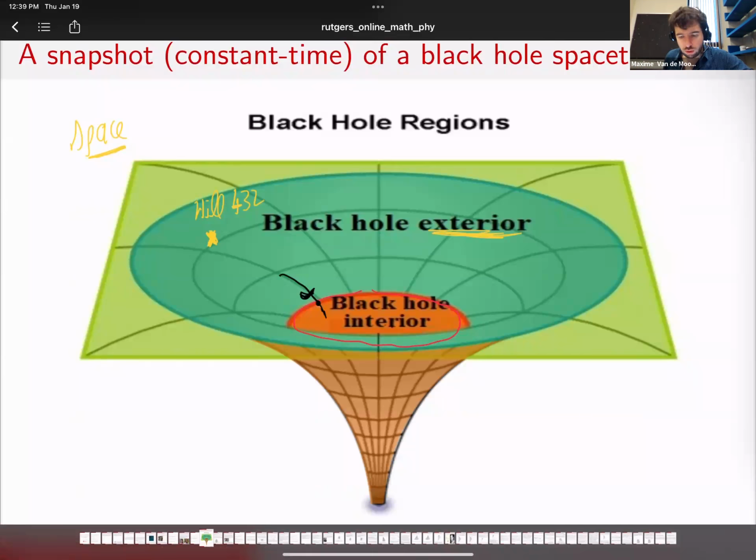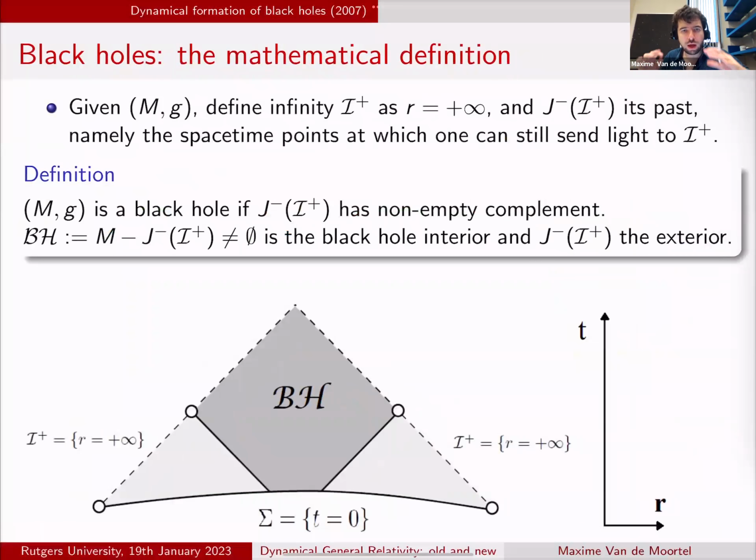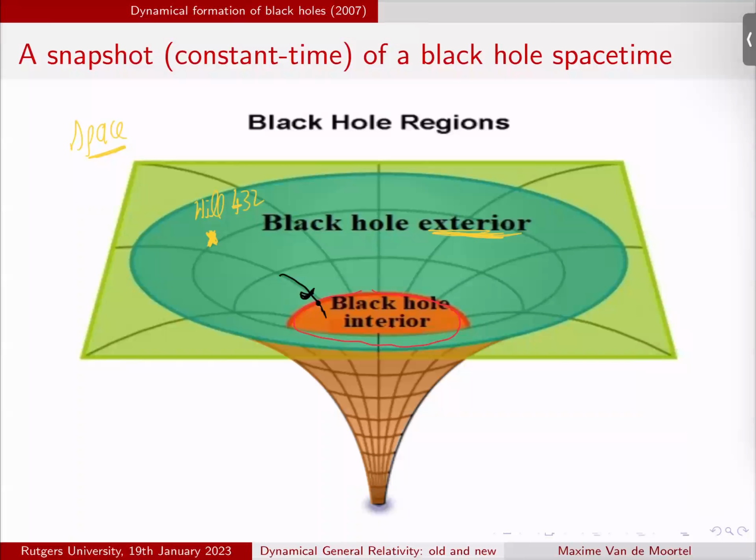Now let me show you a space-time diagram and explain how that connects with the Lorentzian. Go ahead, Shelley. Could you go back to the picture? So what's the meaning of the lighter green on the outside? It doesn't really have a meaning. The only thing is that it's asymptotically flat.